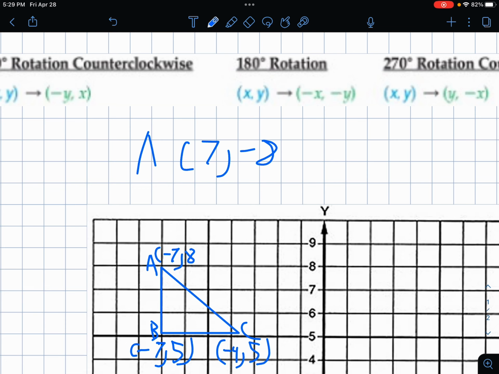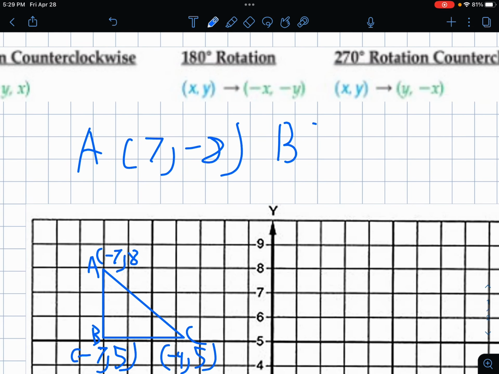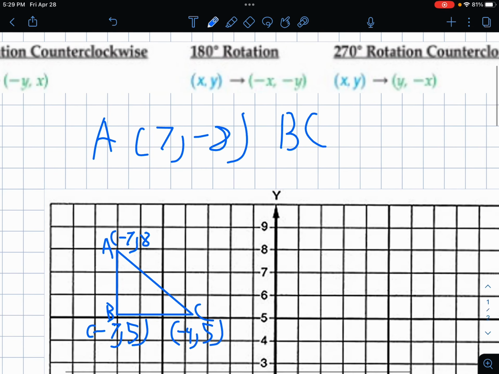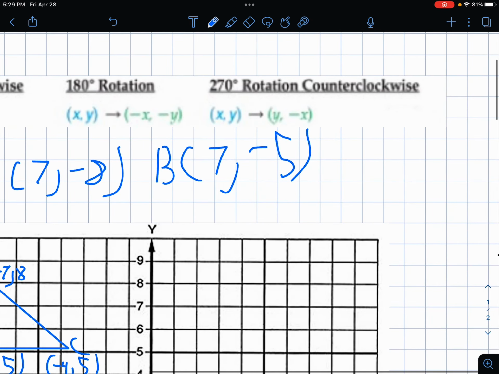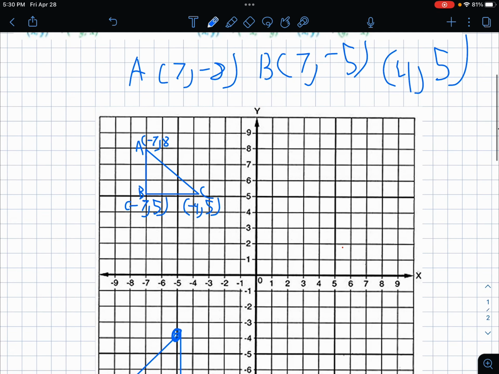So for A, B is going to be 7, 5, and lastly C is going to be 4, 5. And let's just go ahead and put these down.